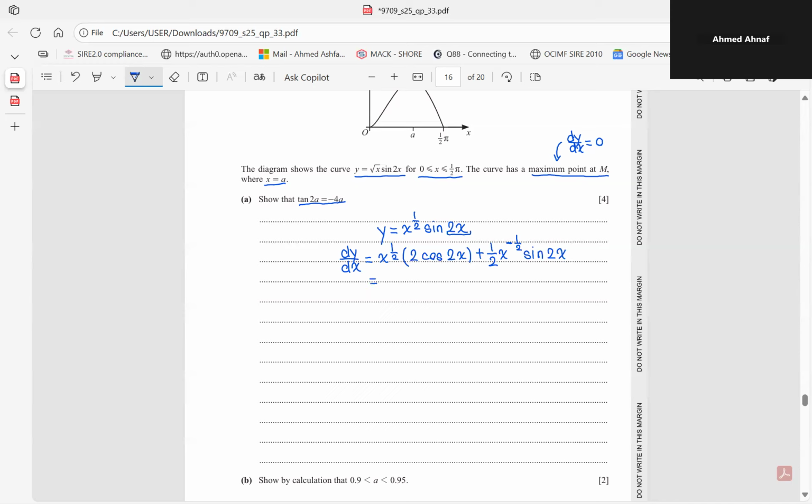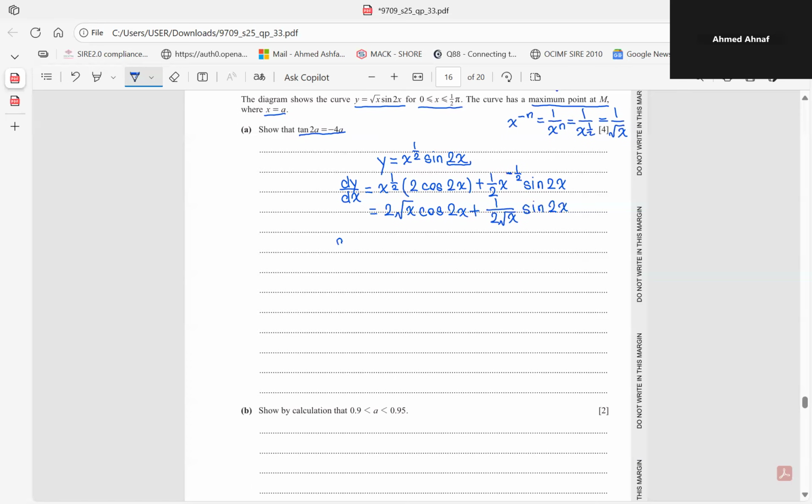Okay, now let's rewrite in terms of square roots. So this is 2 square root x cosine 2x plus 1 over 2 square root x, because x to the power of minus n is 1 over x to the power of n. So 1 over x to the power of half is just 1 over square root x, sine 2x. Now we're going to equate this to 0.